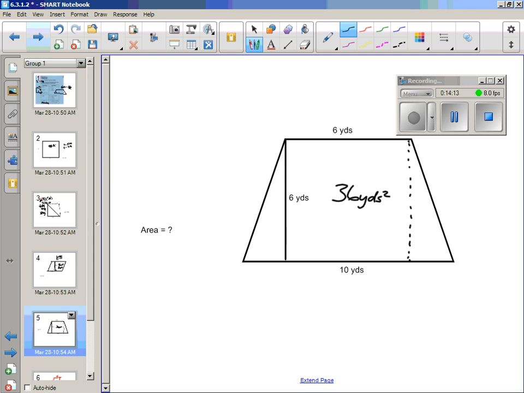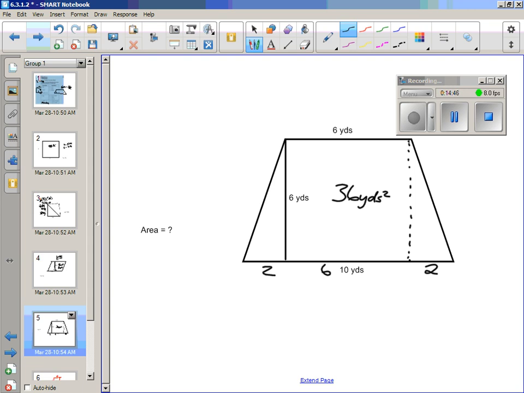Now, if this whole thing is 10, and this is a square of 6 by 6, what does this part have to be, and what does this part have to be? 2 and 2? 2 plus 6 plus 2 would equal 10, right? Okay. So how do we find the area of this triangle right here? 2 times 6 divided by 2, right?